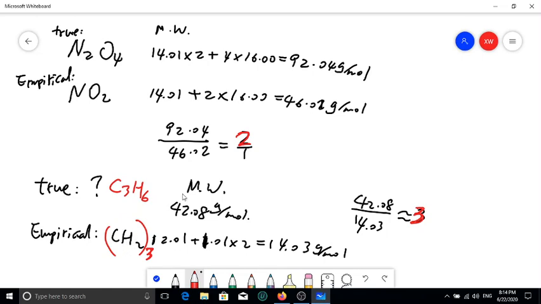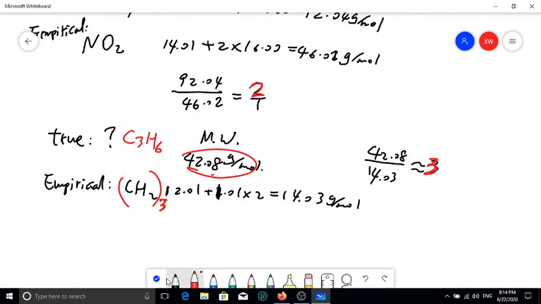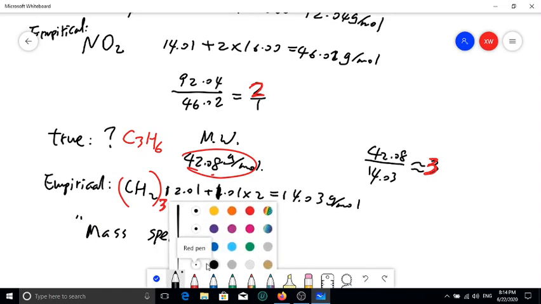Now, of course, you may ask me, how do you know the molecular weight of the true formula without even knowing the actual true formula? There's actually something called mass spectroscopy. This is not going to be on our test, but I think it's worth mentioning here. It's a very useful technique, which is usually connected to a computer.